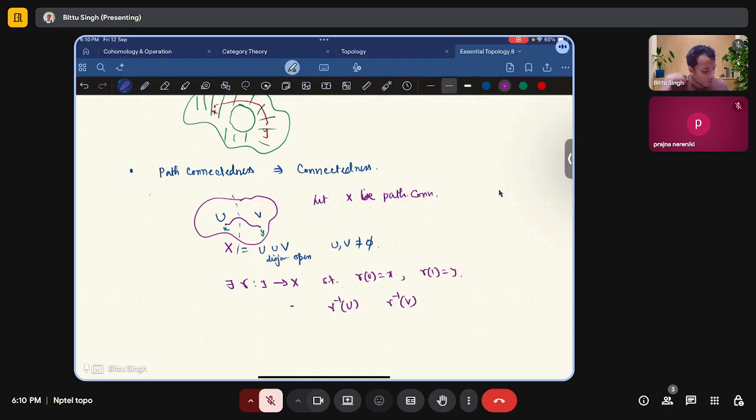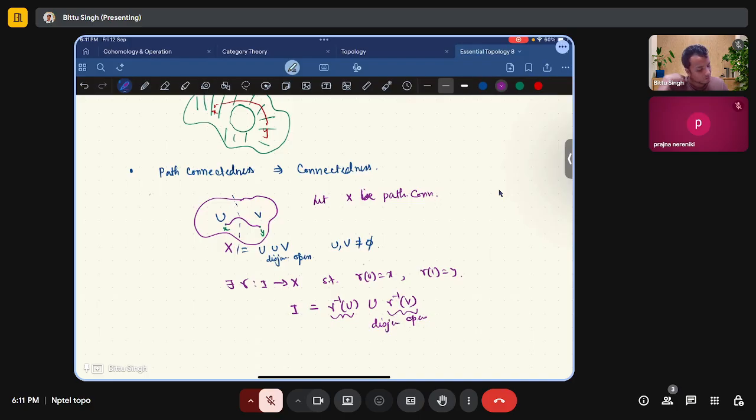So interval I can be written as gamma inverse of X, right? Gamma inverse of the codomain, which is the same as gamma inverse U union gamma inverse V. But gamma inverse U is open, both are open and disjoint. And why are those non-empty?